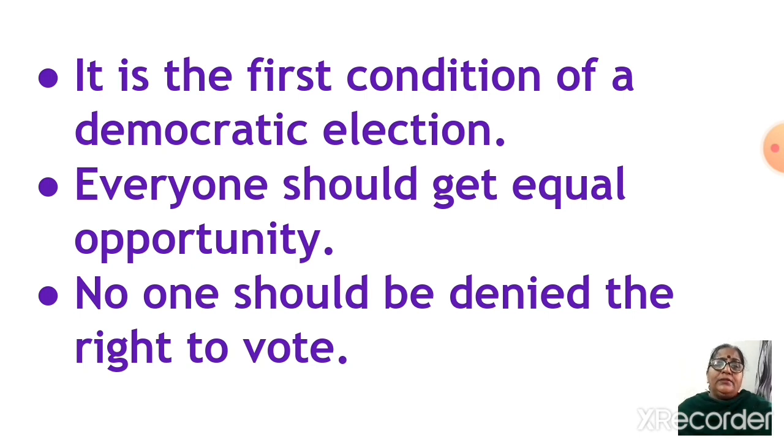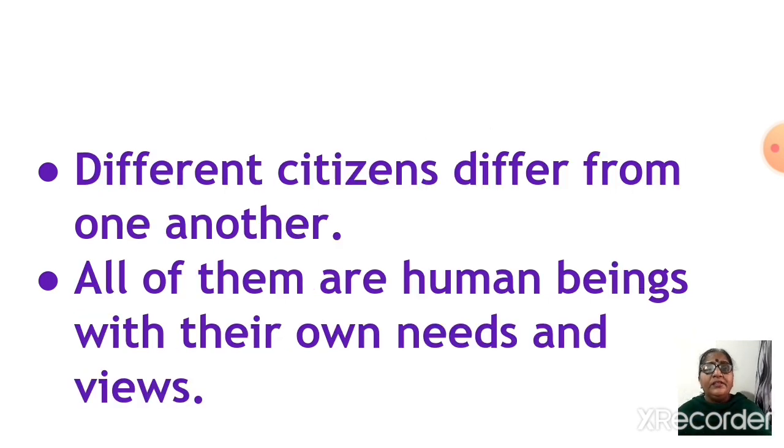No one should be denied the right to vote without any good, strong reason. Every citizen should be given the right to vote. Children, citizens differ from one another, right?